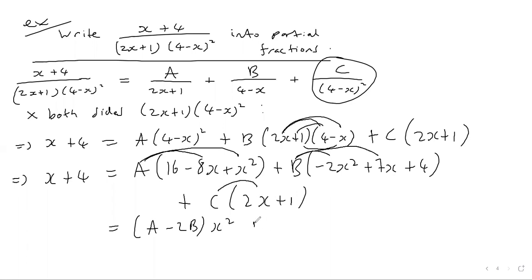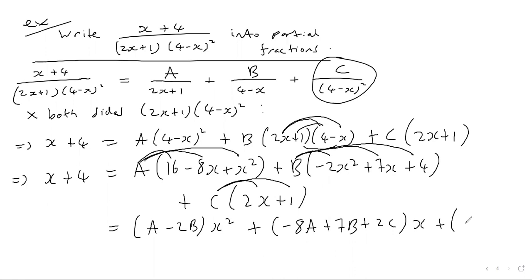So really what we've got then is minus 8A plus 7B plus 2C lots of x. And then lastly, we've got 16A there, we've got 4B there, and we've got 1C there. So plus our constant term of 16A plus 4B plus C at the end there.